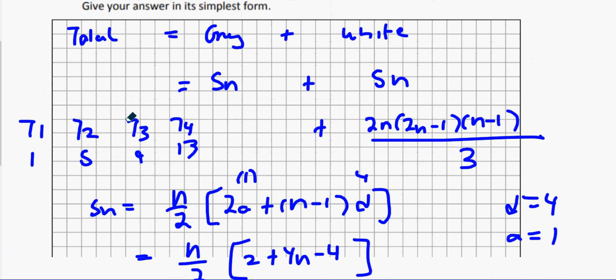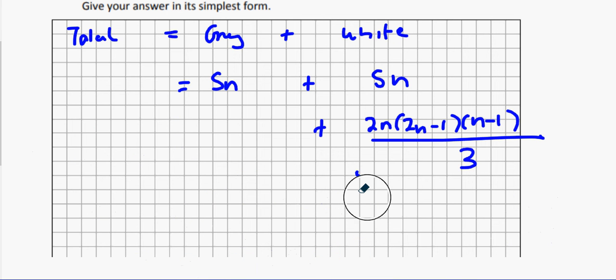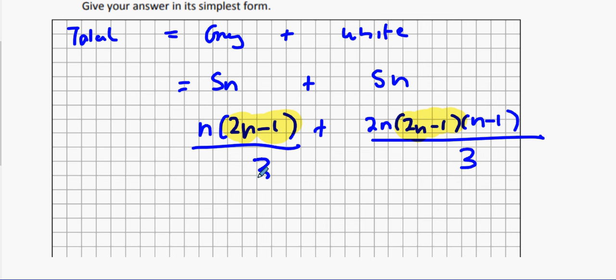Okay, so I'm going to get rid of all this. Now you're wondering, why did I choose the second one? Well, if you look really closely at n into 2n minus 1, see the way they have this as a common factor of both of them? Now, if I just put them over 3, you've a 3 and you've a 3.